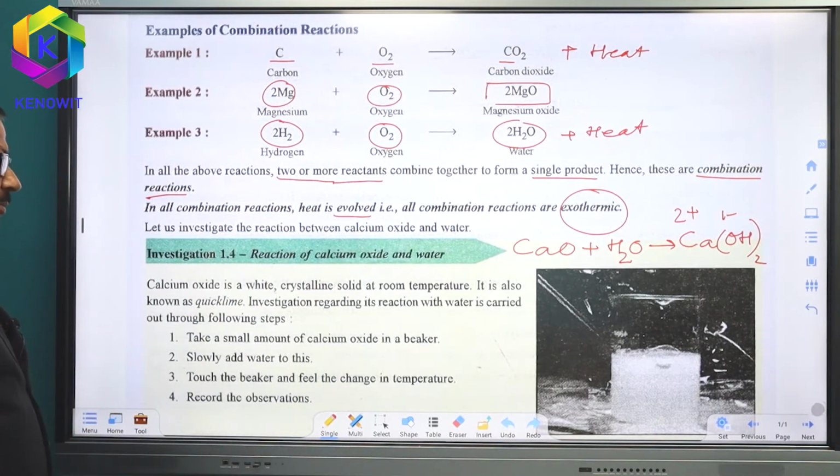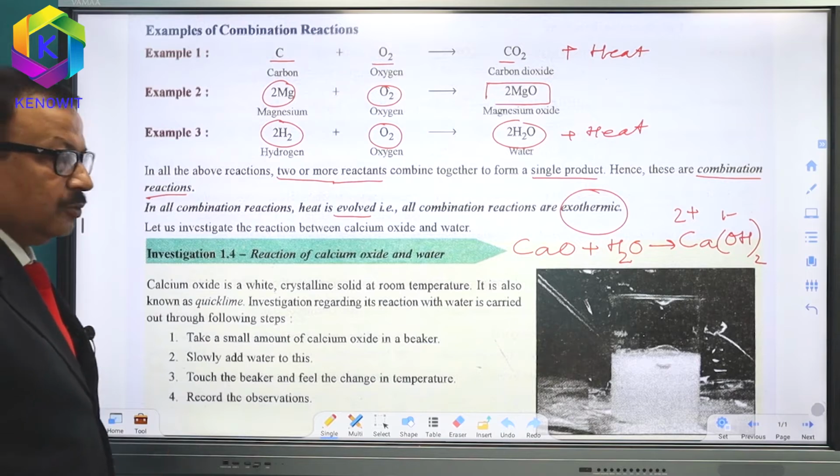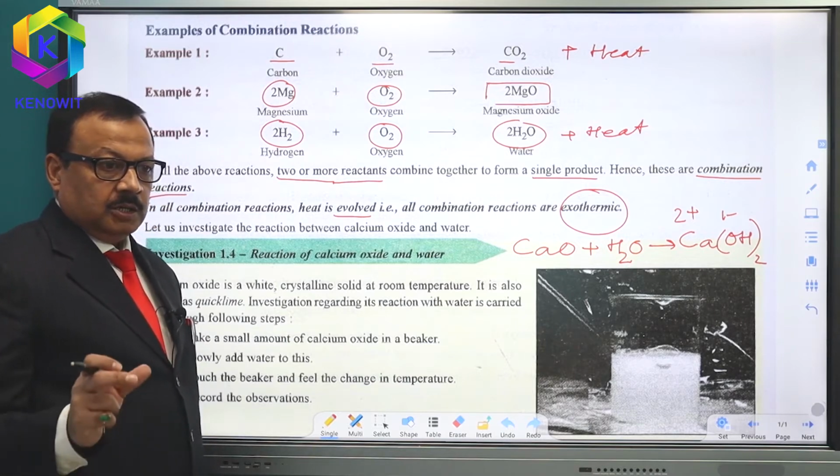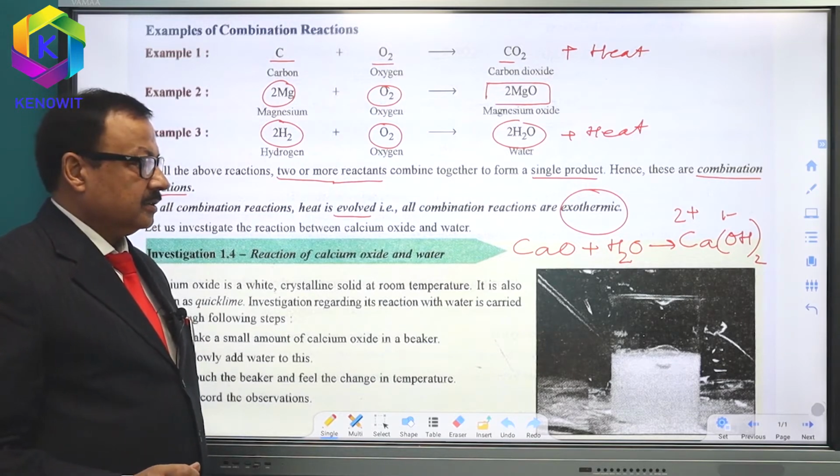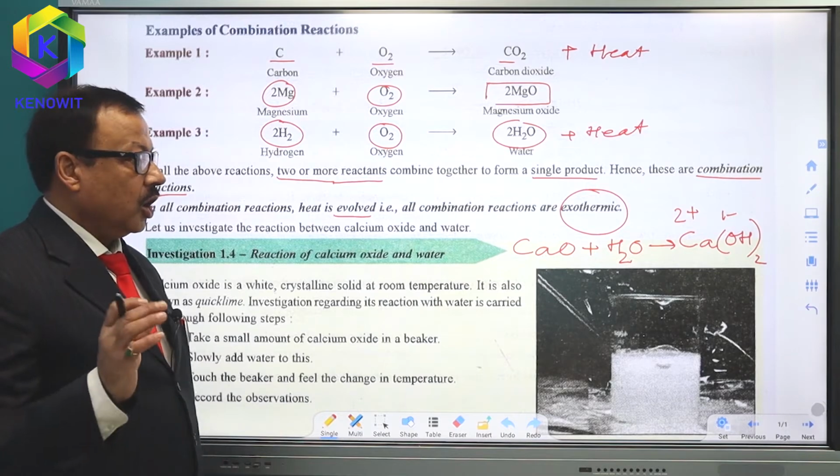Take a small amount of calcium oxide in a beaker, slowly add water to this, touch the beaker, feel the change in temperature and record the observation. When calcium oxide is added to water, due to its exothermic nature, the beaker becomes slightly hot.